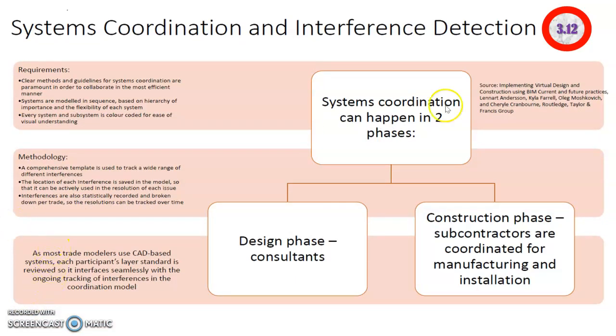The thing to note is that most of the subcontractors or trade modelers use CAD-based systems, so each participant's layer standard is reviewed so that it interfaces seamlessly with the ongoing tracking of interference in the coordination model.